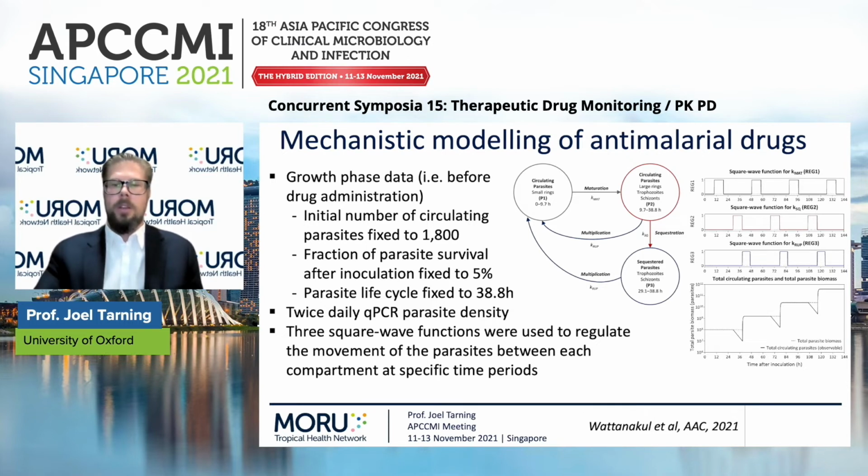And we can see that you have a period of no growth, and then all of a sudden a burst of red blood cells releasing new merozoites that can invade red blood cells. And that's the multiplication rate that happens at the end of the life cycle. This dip here is the sequestration. So this is a negative loss of parasites in circulation due to sequestering of parasites. So we could capture this decrease in circulating parasites and the increase in circulating parasites with this dynamic model.